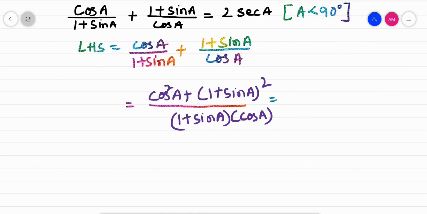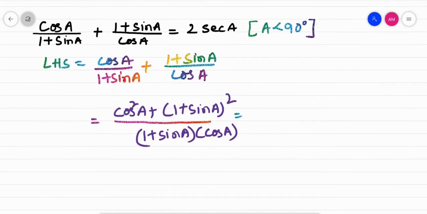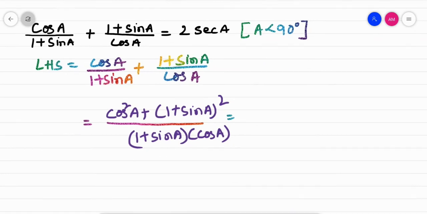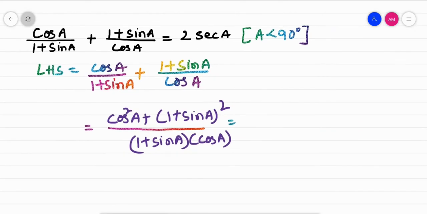Expand it. See, cos square A plus, now 1 plus sin A whole square, A plus B whole square. So A square means 1 square plus B square means sin square A plus 2AB, 2 into 1 into sin A, so 2 sin A. I think you all got this.